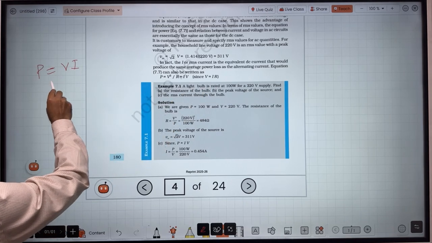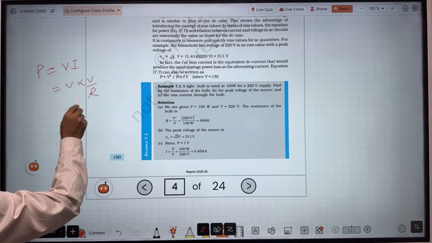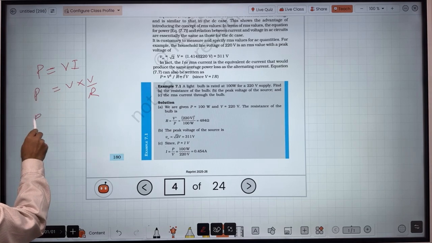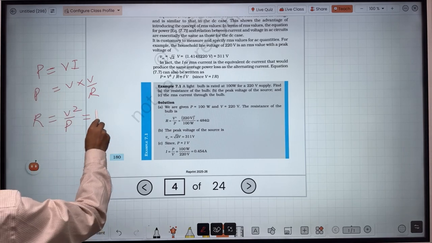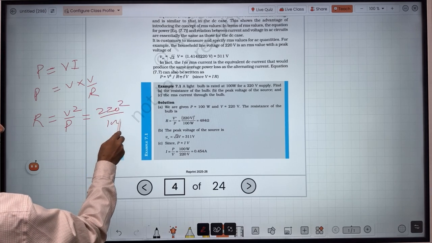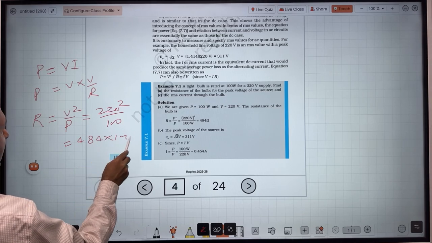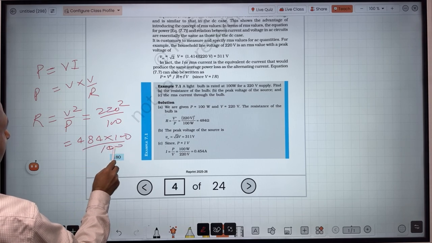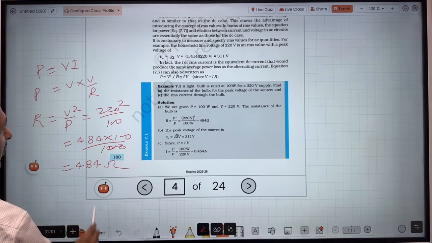So P is given, so here we can write V into V upon R is equal to P. And we have to find out R. So V square upon P. V square means 220 square divided by P, which is given as 100. So this will give 48400 divided by 100, so it will give 484 ohm. So we have got resistance.